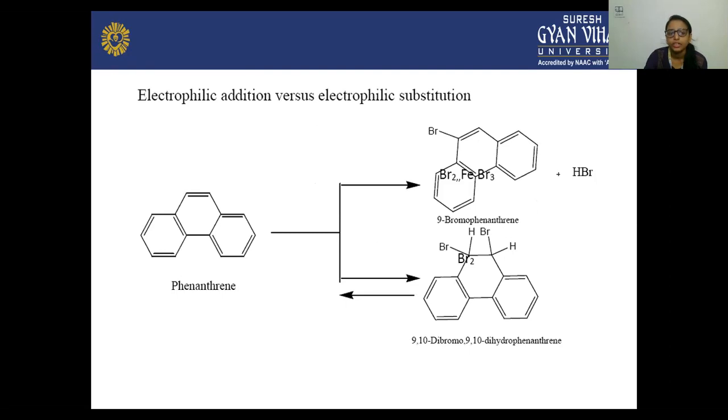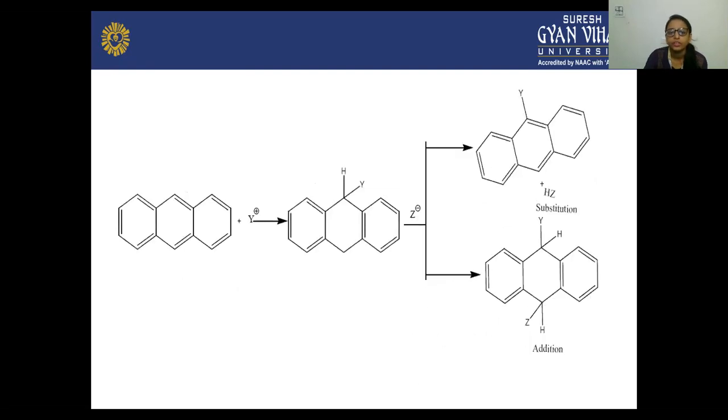So this is electrophilic addition versus electrophilic substitution. With phenanthrene, first there is electrophilic substitution, forming 9-bromophenanthrene, and second there is addition, forming 9,10-dibromo-9,10-dihydrophenanthrene. So with Y there is addition, and Y is added at this position.